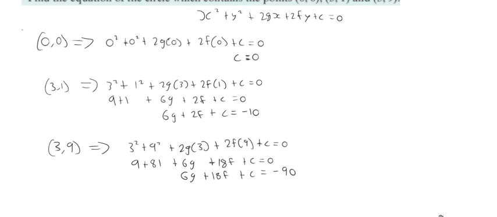So we've got two equations as well. Because we know that c is 0 from the first equation, we can get rid of the c's in both of the bottom equations. That's probably the easiest way to go about it here.